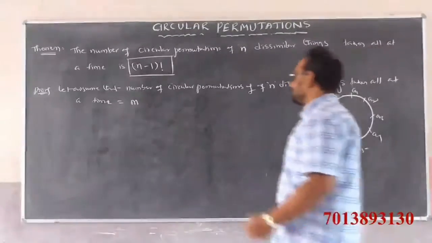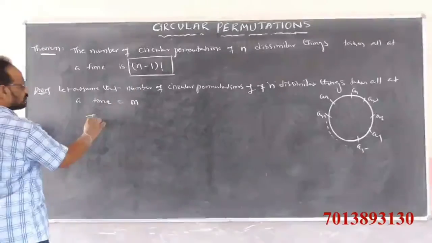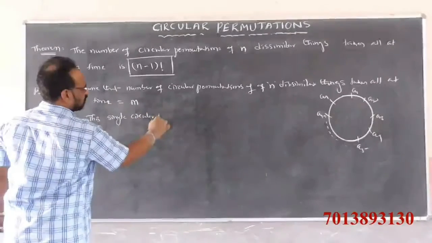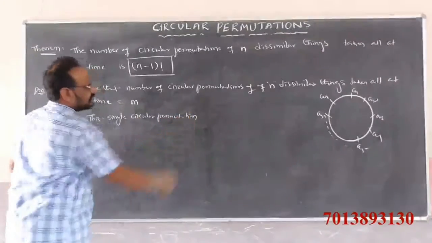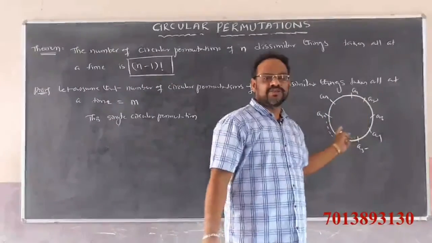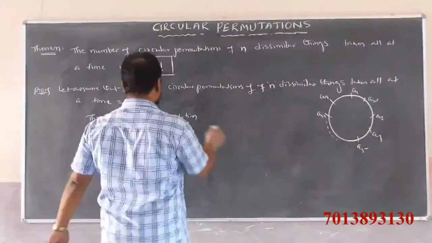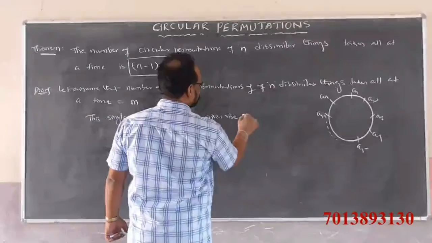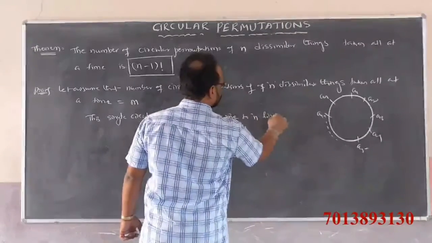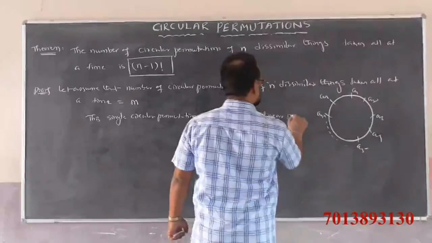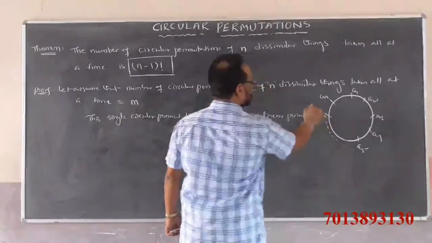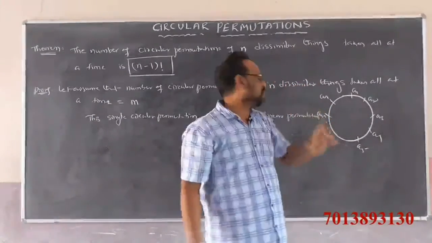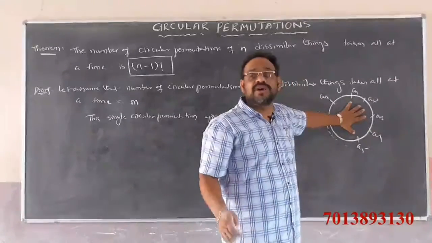This single circular permutation gives rise to n linear permutations.